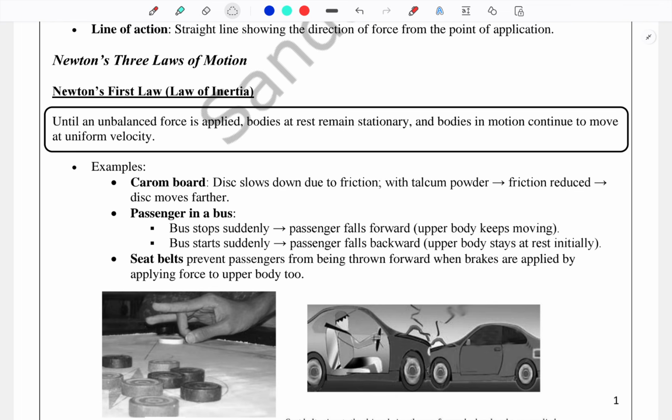So when it comes to Newton's 3 laws of motion, from its name you can see it is something related to a Newton person, right? Isaac Newton. He's a scientist, right? There is a famous story, you know, there is an apple, it fell on his head.